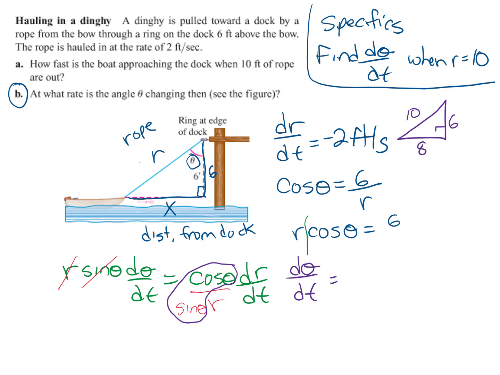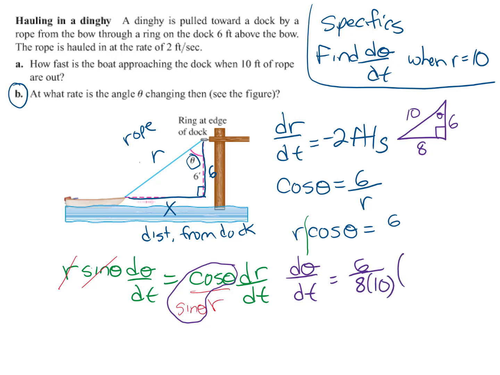But you could do the Pythagorean theorem to find that if you needed to. But we need cosine theta over sine theta, which is cotangent theta. And so here was our theta up here, and cotangent is adjacent over opposite, so that's going to be 6 over 8.